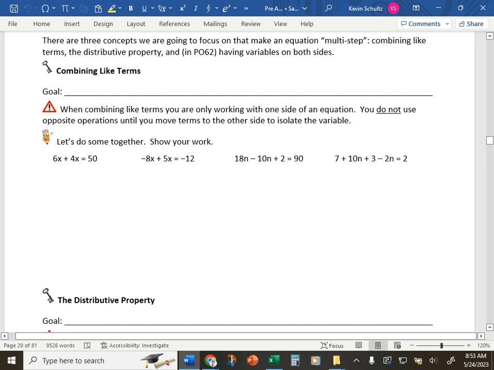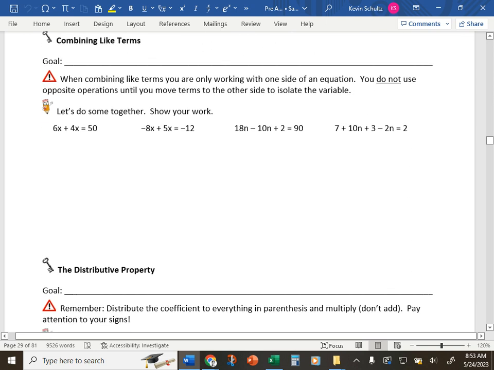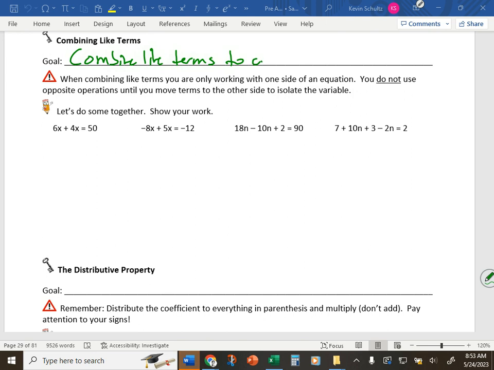And the first way of simplifying, combining like terms, the goal is to combine like terms to create a one or two-step equation.